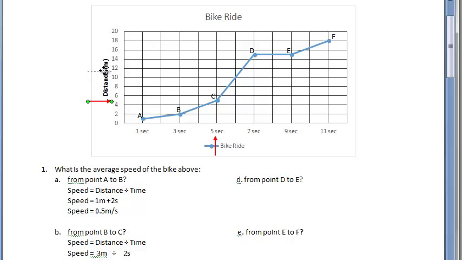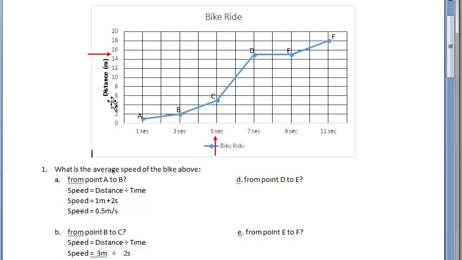When we get up to D, we're right here in between 14 and 16 meters. Since it's between 14 and 16, we can figure out that it has gotten up to 15 meters. So the distance rose from 5 meters up to 15 meters.